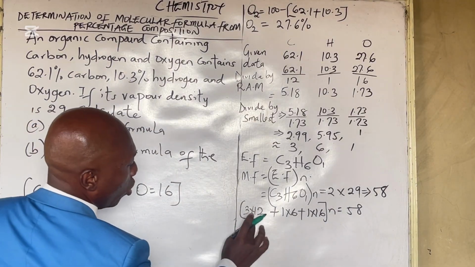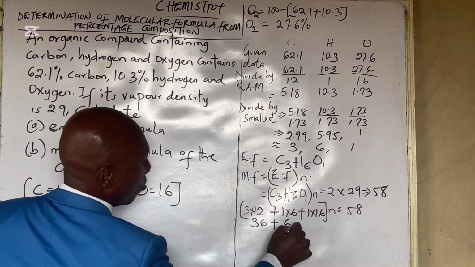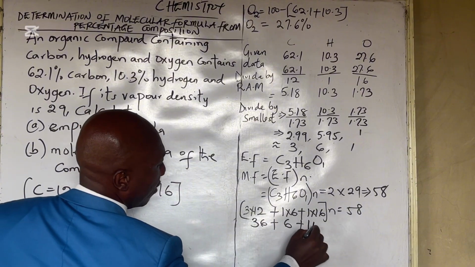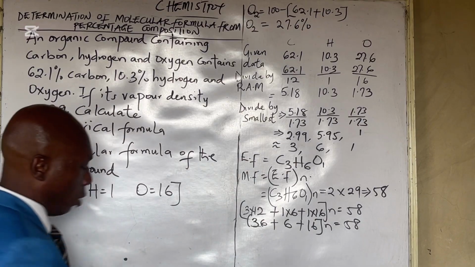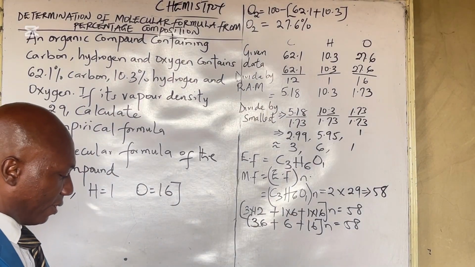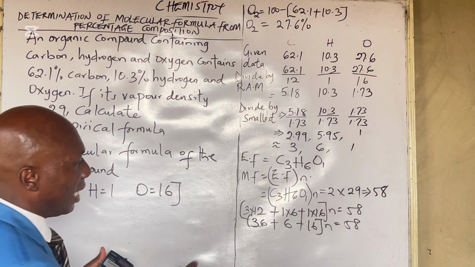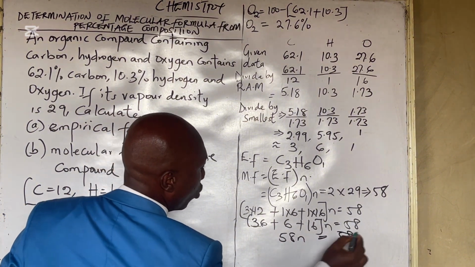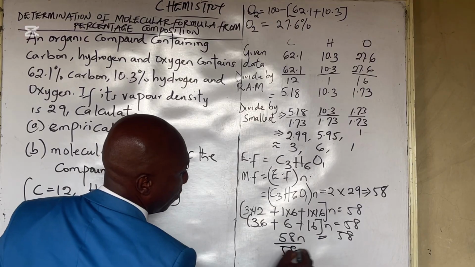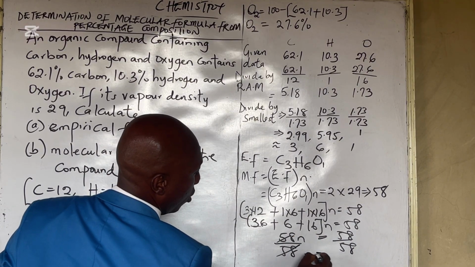We have 3 times 12, that's 36, plus 1 times 6, that's 6, plus 1 times 16, that's 16, equals 58. So let's add up now: 36 plus 6 plus 16. So we actually have 58N equals 58. To get N, we divide by 58. So our N will be equal to 1.